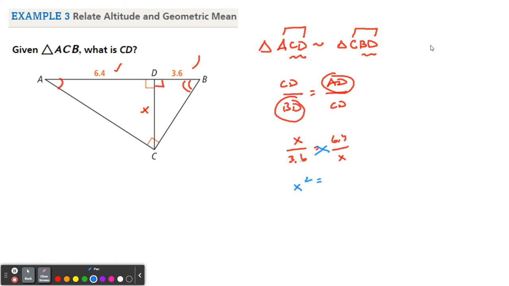That's okay. 3.6 times 6.4 is 23.04. And now to get the square gone, you just simply take the square root, and this I think is a nice number, 4.8. Let me double check before I tell you that. The square root of 23.04 is 4.8 even. So that is your length of CD, 4.8.